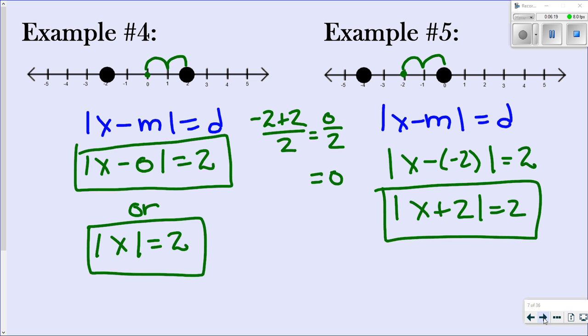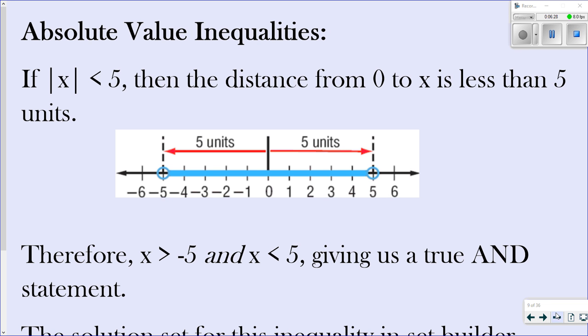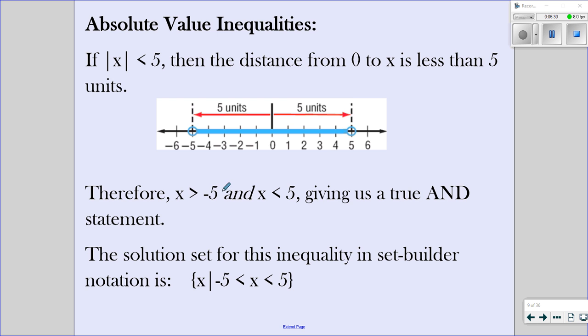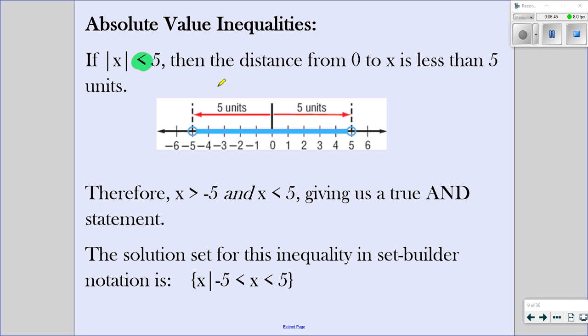All right, like I said, this was the recap. You learned this already, but it's just a refresher, so that way it will lead you into doing absolute value inequalities. So with absolute value inequalities, let me expand this. We've got 2 cases, and this is going to be the first case. If the absolute value of x is less than 5, then the distance from 0 to x is less than 5 units.